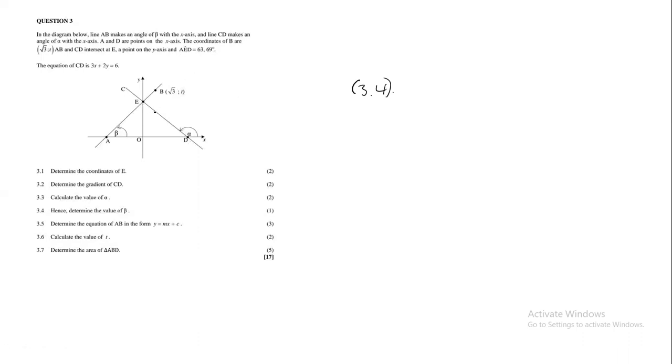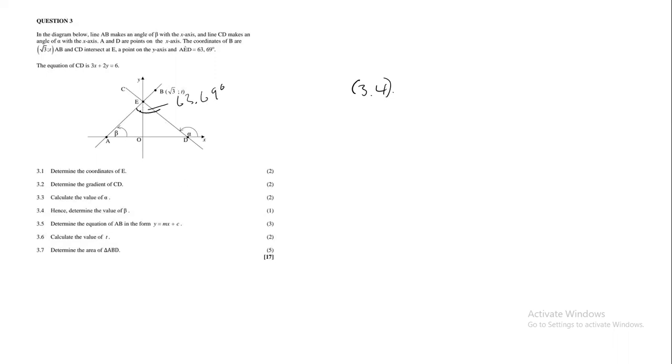Basically, AED is this angle, right? The magnitude of this angle was provided to be 63,69 degrees. I'm able to write over here. So the magnitude of this angle is 63,69 degrees. It is provided, so we're going to use that angle.